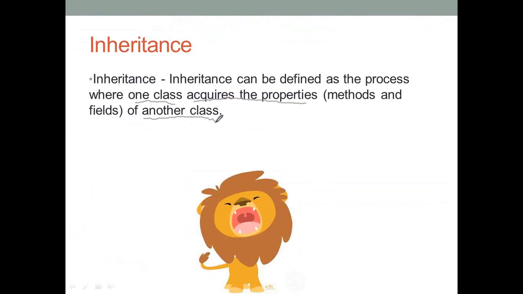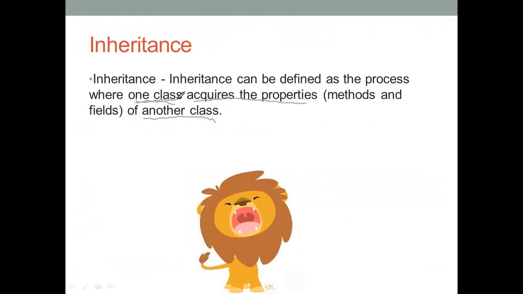This other class is the parent class, which was the employee class in our example. The class which is acquiring the properties of the other class is the child class. So the child class is acquiring the properties of the parent class. This is the concept of inheritance.